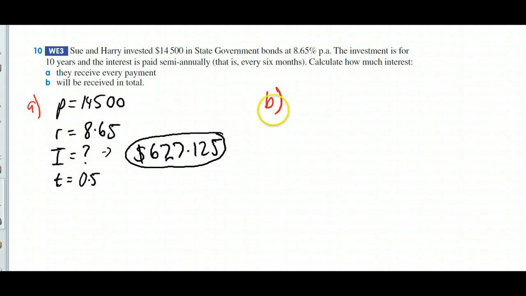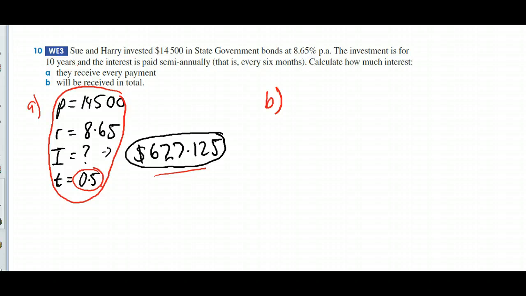For part B, it says how much will be received in total. So how much interest will they get at the end of the investment, which goes for 10 years? There's two ways we could work this out. We could put all this information back into the calculator, but change the amount of time from 6 months to 10 years, and it will tell us the total amount.